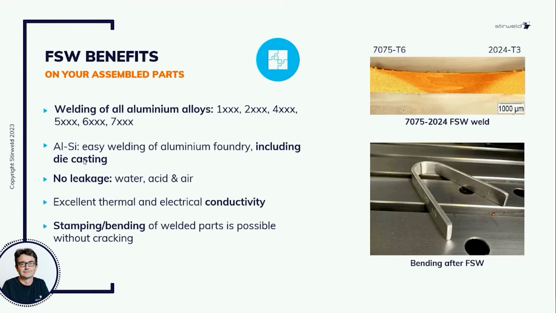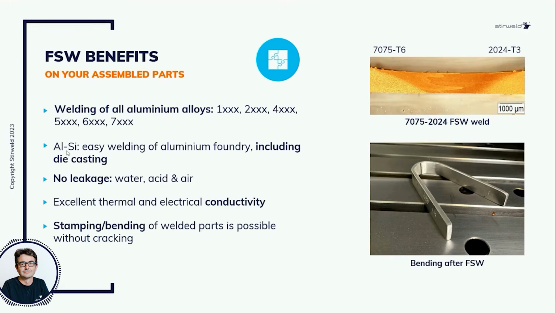Also, by friction stir welding, it's possible to weld aluminum foundry, including die casting. As you know, when we die cast a part, we have many porosities, and that's why it's not possible to weld using fusion welding. As friction stir welding is a solid state welding process, we can now weld die cast parts.